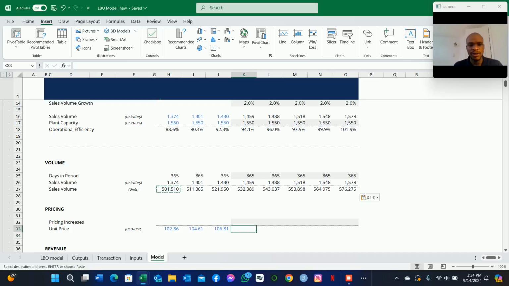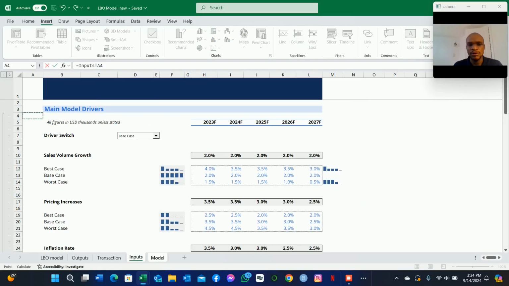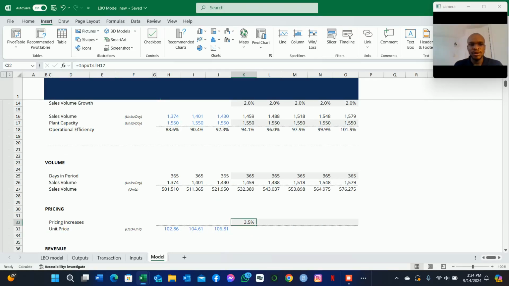So now in order to determine our pricing, it is going to be based on our model driver. So remember we set up price increases in the future to be 3.5% in the base case. So we believe that price will increase and grow at this rate in the future.